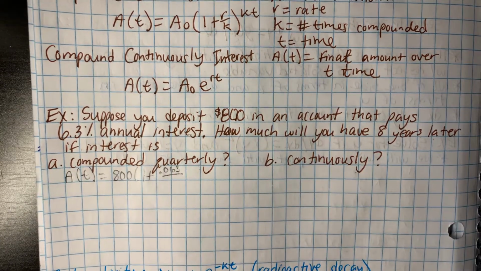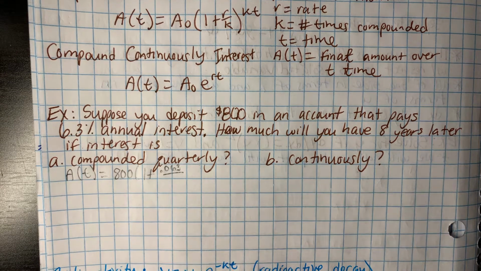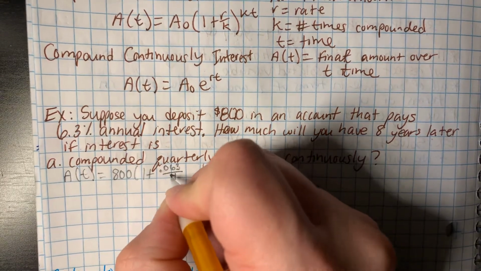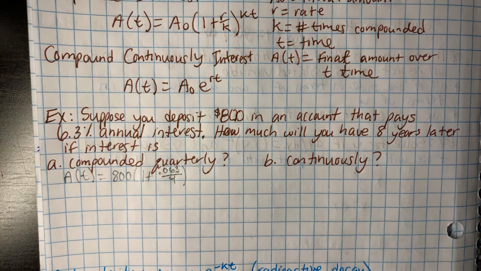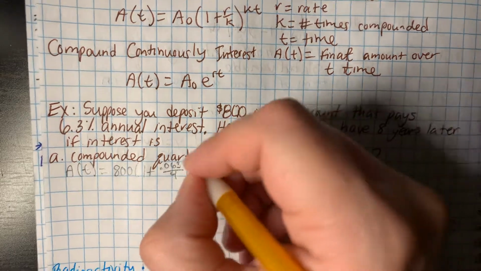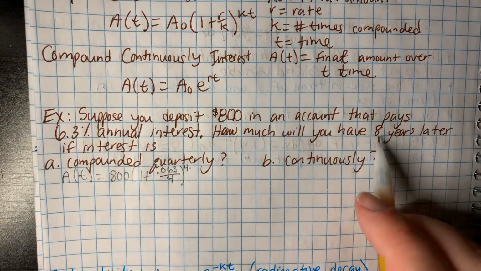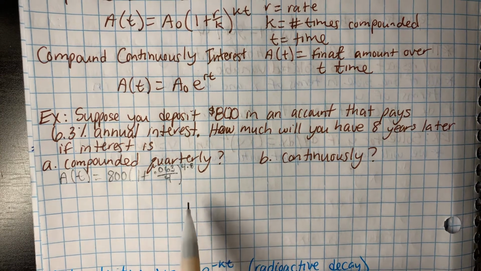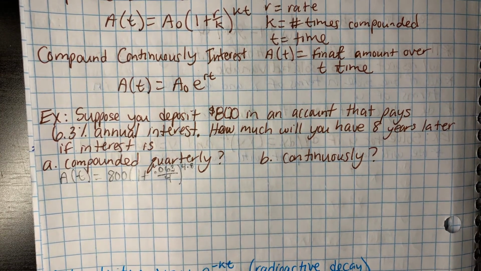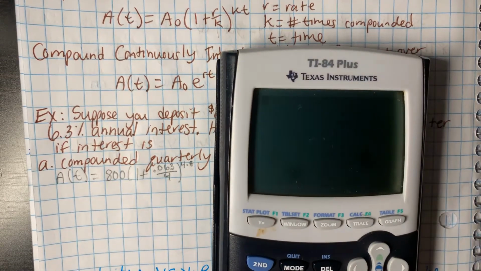Over k is the number of times it's compounded. So it's compounded quarterly, which means it'll happen 4 times a year. Okay, and then that needs to be our k again, and the time, and we're talking about over 8 years. So this equation right here, you legitimately just need to throw this into your calculator, and it's going to do the math for you.